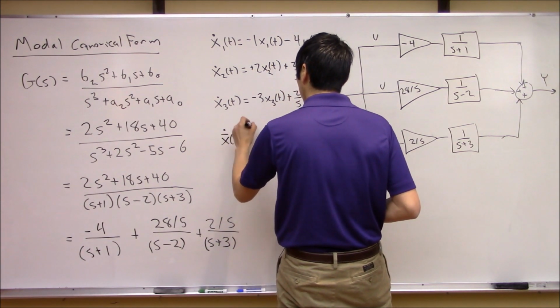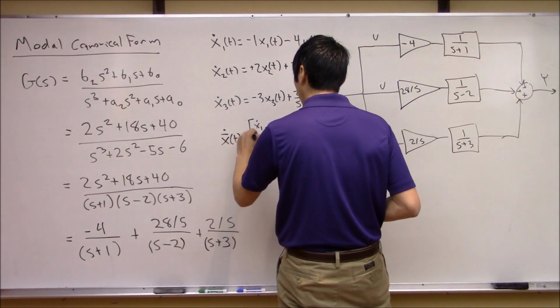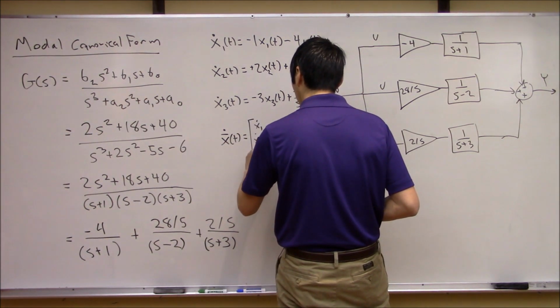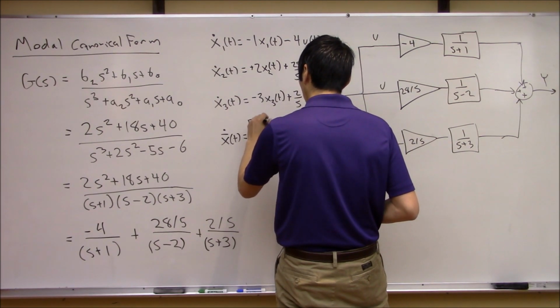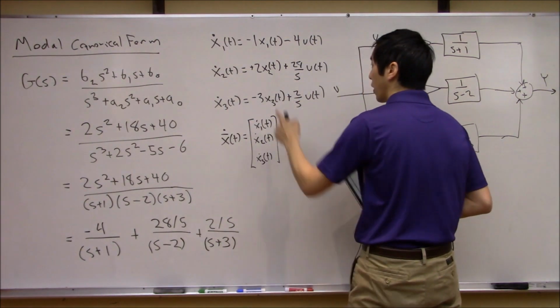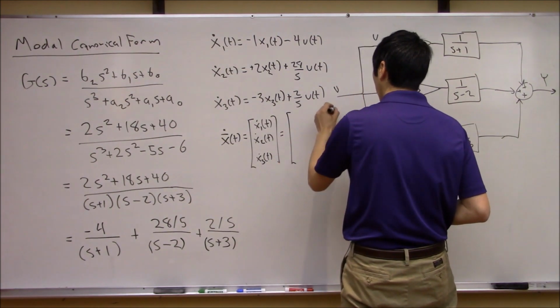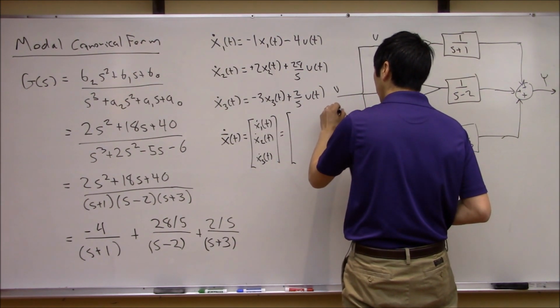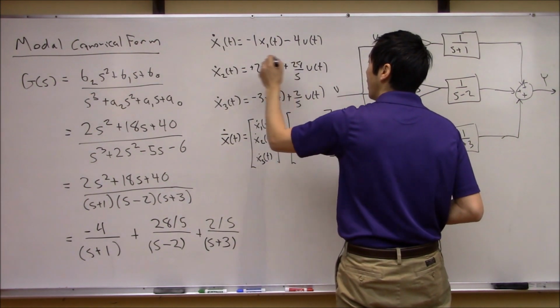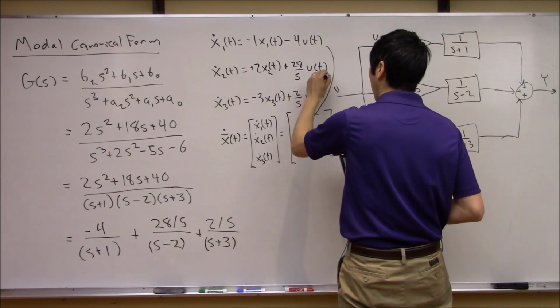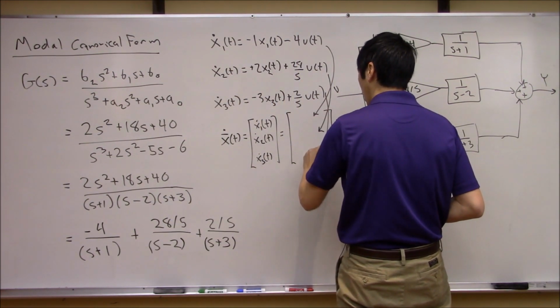This is just going to be x1 dot, x2 dot, x3 dot of t. Well, that's nothing more than these three equations. Let me just do it like this: it's this equation, and then this equation, and then this equation. Just jam them in here.